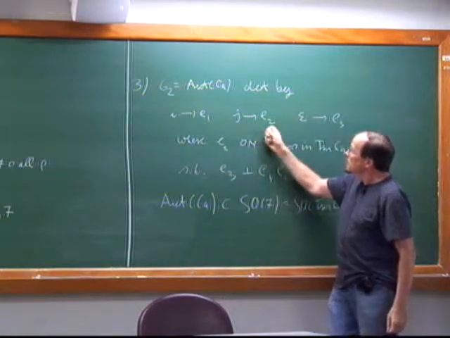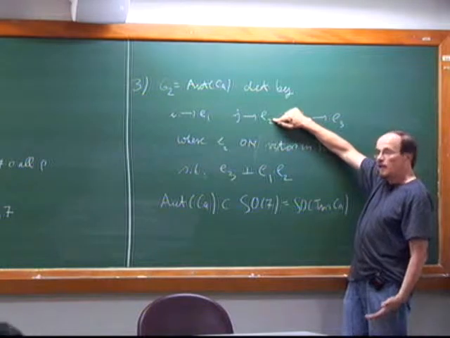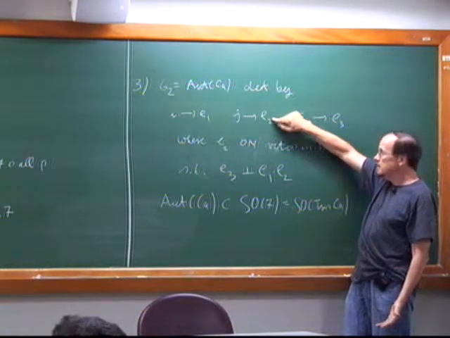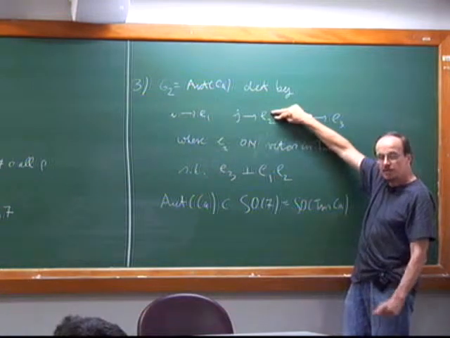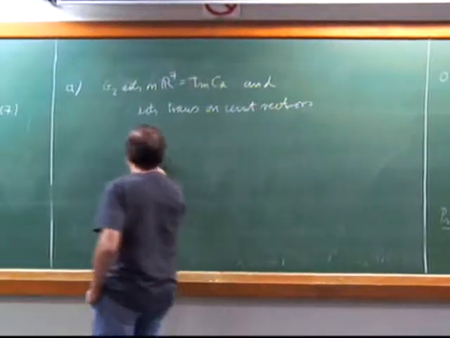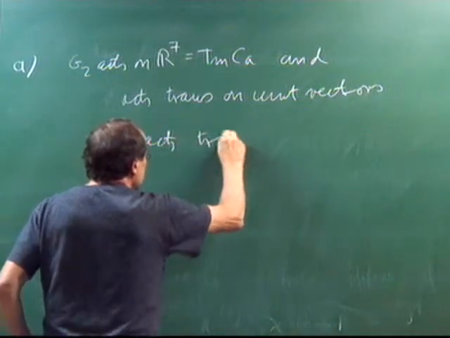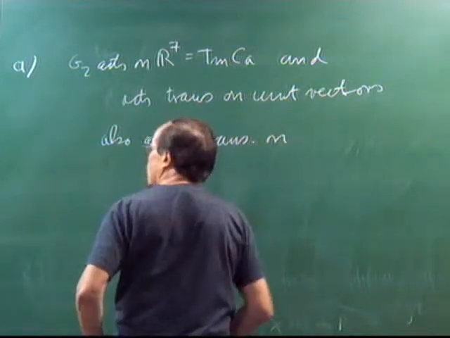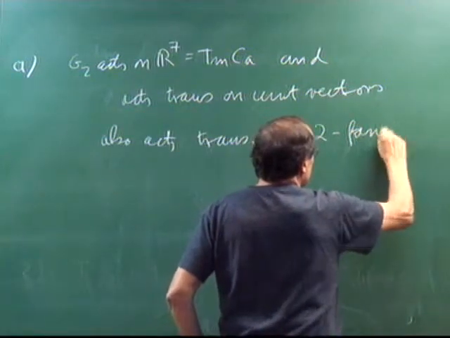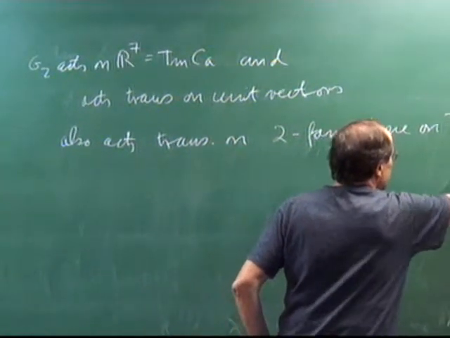Even more than that, if I take any two orthogonal unit vectors, I can take them into any other two orthogonal unit vectors. The third I have to worry about, but the first two I don't. So it says that it also acts transitively on what we call two frames, and hence on the unit tangent bundle of S6 also.